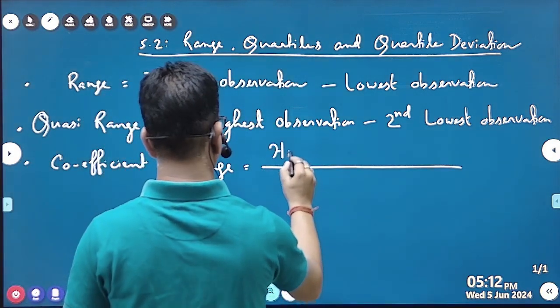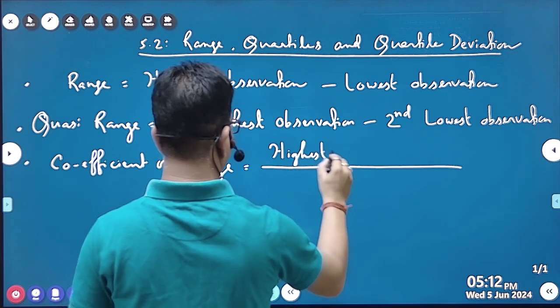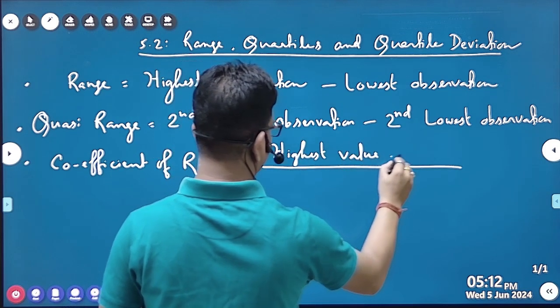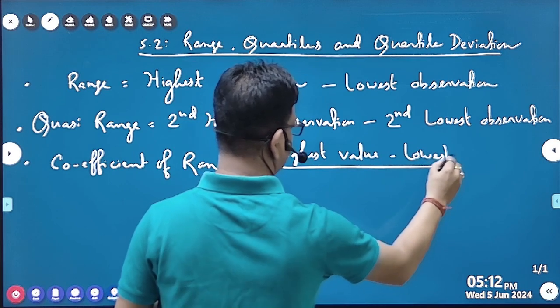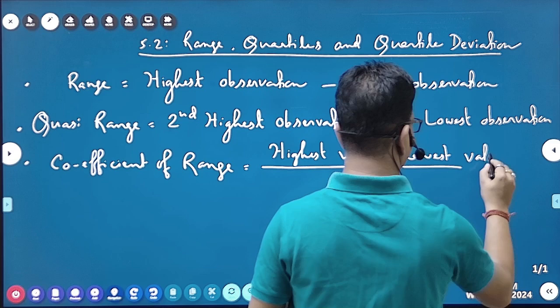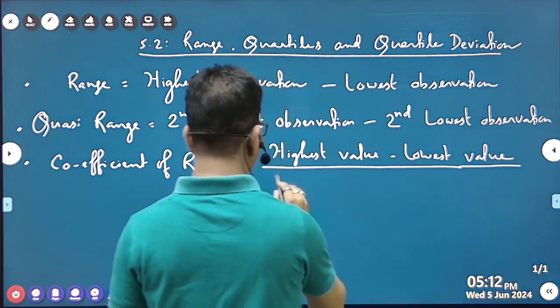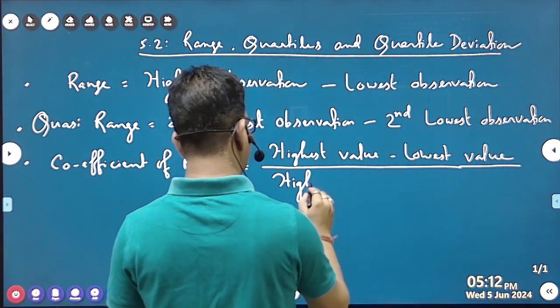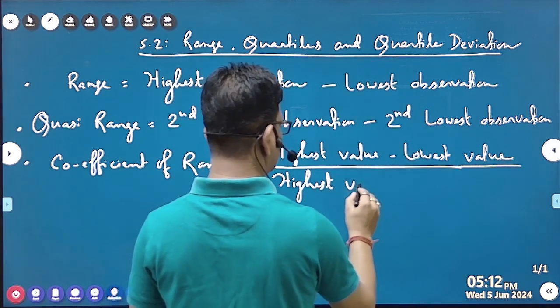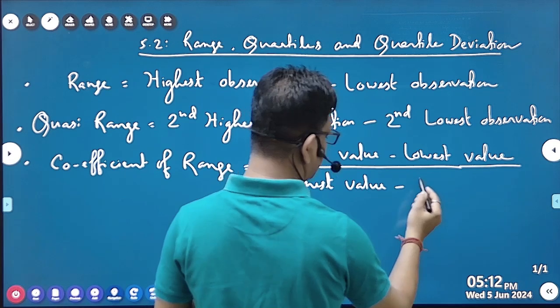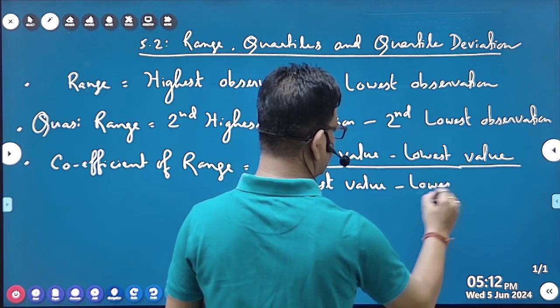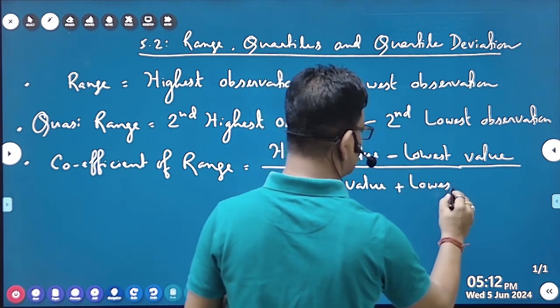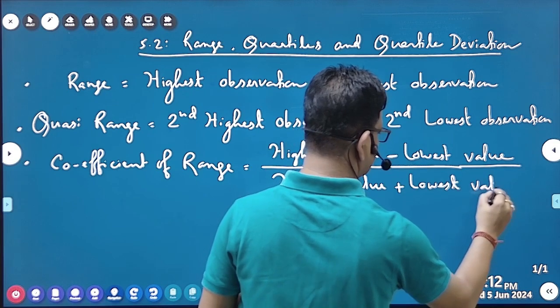So highest value minus lowest value divided by highest value plus lowest value. If any question on these three comes, it won't take much time, hardly 1 minute to get the required answer. Getting it? So that's why I start with these three.